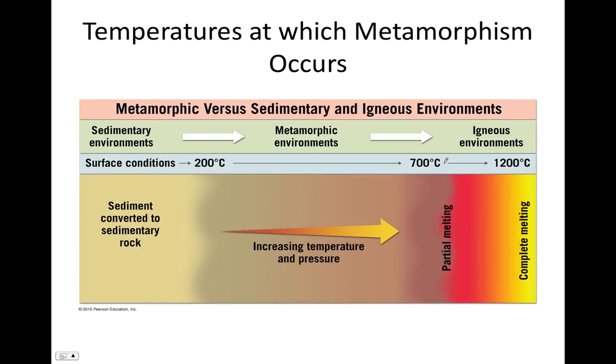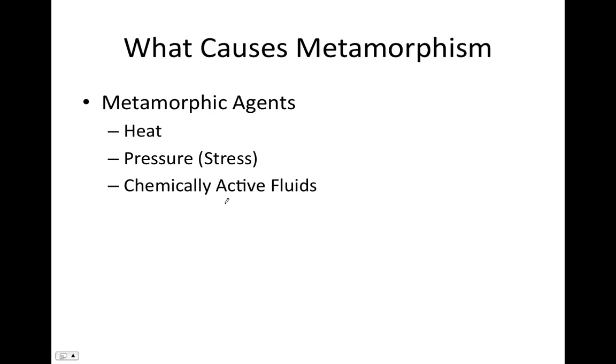At temperatures above 700 degrees centigrade, we have rock melting, and so therefore we have the formation of igneous rock, and that molten rock solidifies. And so it's in between that range of about 200 to 700 degrees centigrade, that range in temperature in which metamorphism occurs, and pre-existing rock is altered and formed into a metamorphic rock.